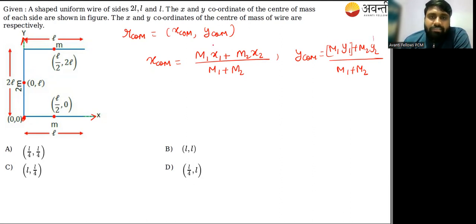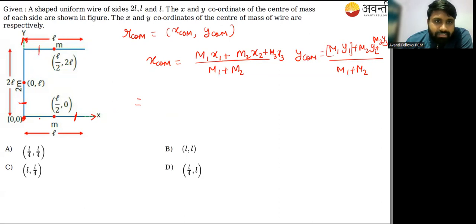Same goes for the x-axis. Firstly, we will calculate it for the x-axis. Here we have 3 wires, this is 1, 2, and 3, so we can extend it to m3 x3 also.